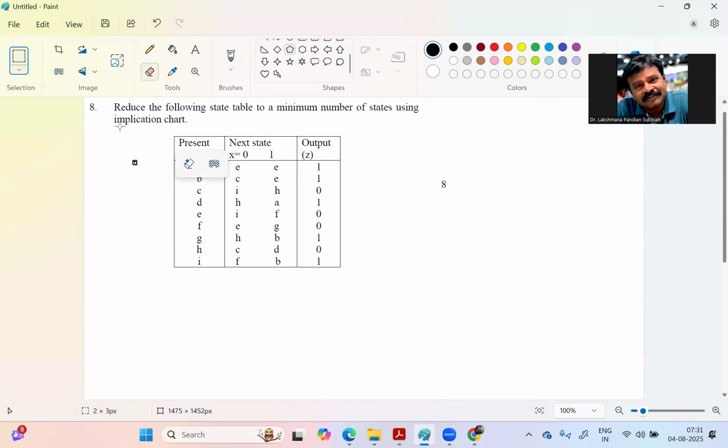Then how do you do that? We'll see. First you have to draw the implication chart.